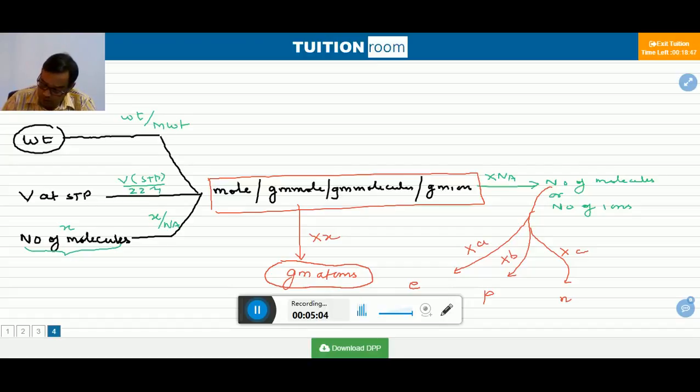And one thing more, suppose number of electrons are given and you have to move to number of molecules.